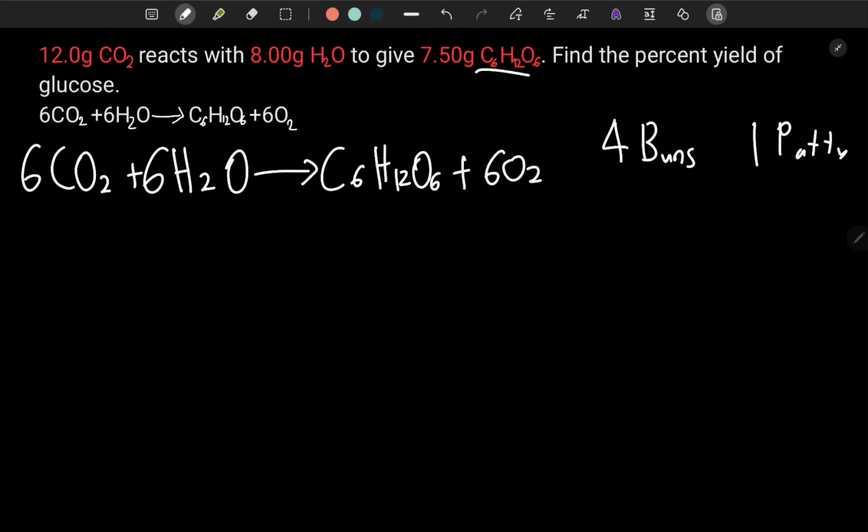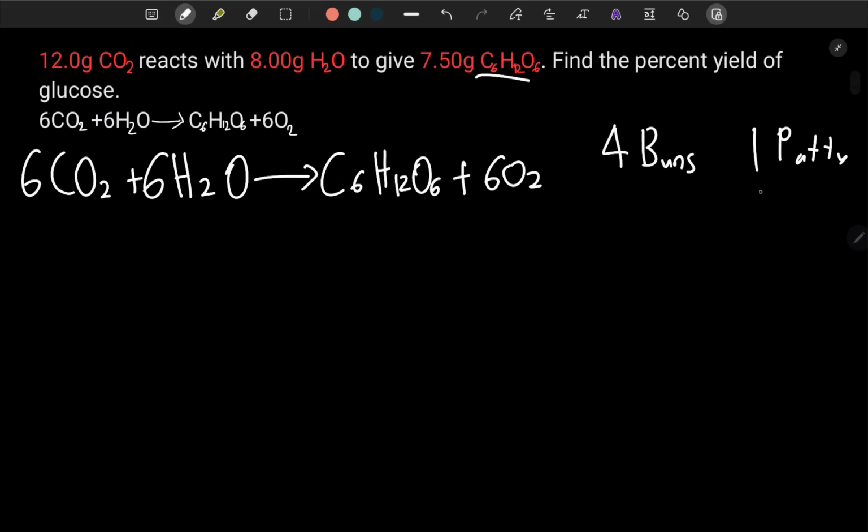So if you decide to make burgers, you will only be able to make one, since you will have finished all your patties. So 2 buns and 1 patty, and this means that you will have excess of buns and the limiting reactant is the patty. So the same case goes over here.